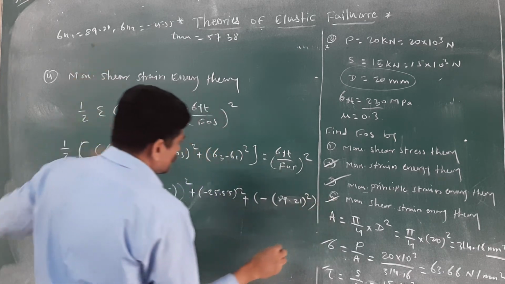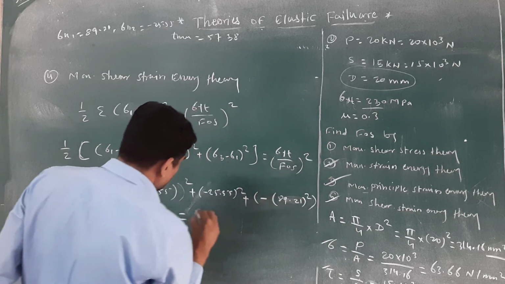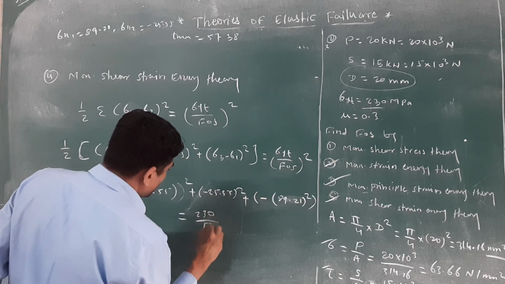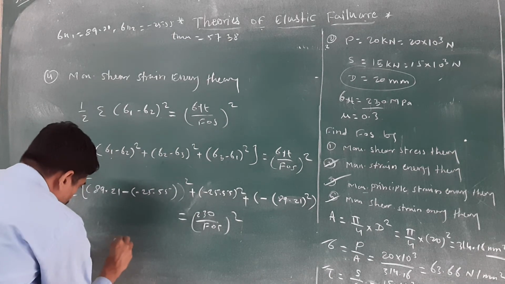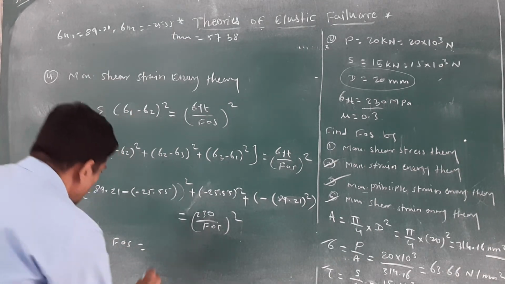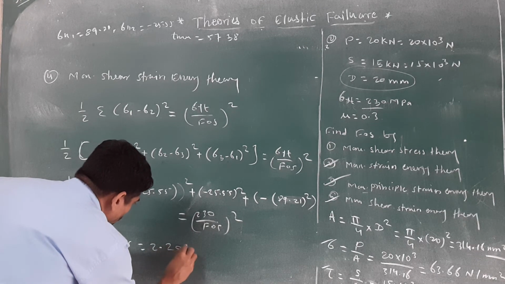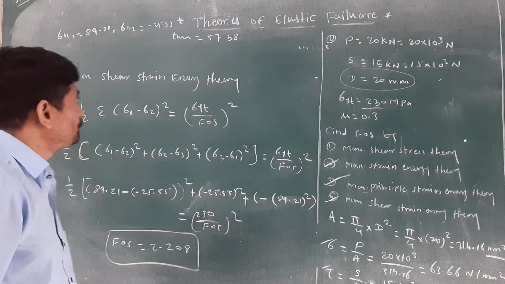Is equal to, sigma yt is 230 divided by factor of safety bracket square. Then what is the value? If you solve all this equation, then you will get 2.208. This is the factor of safety.